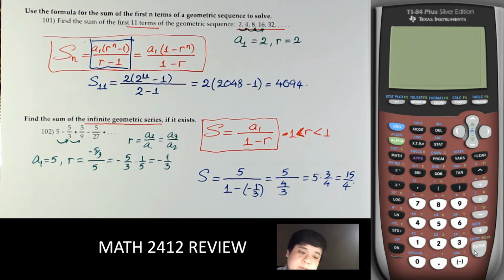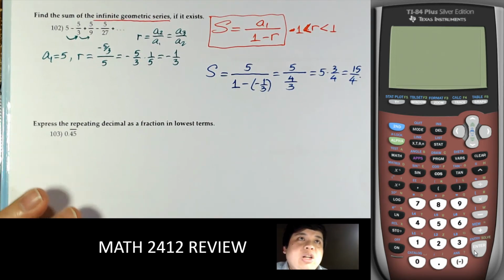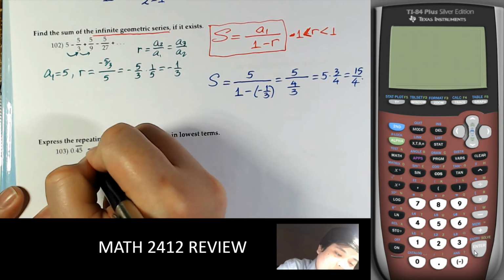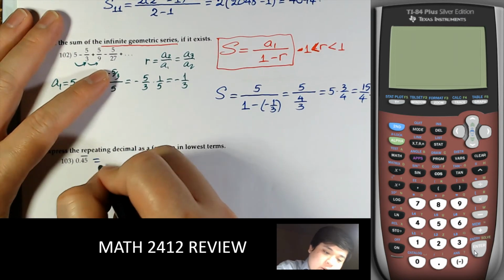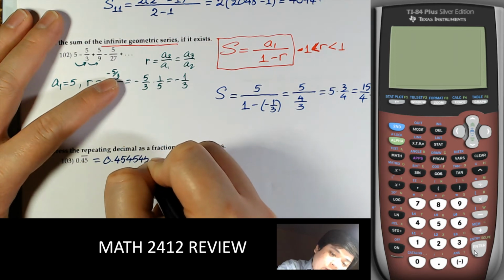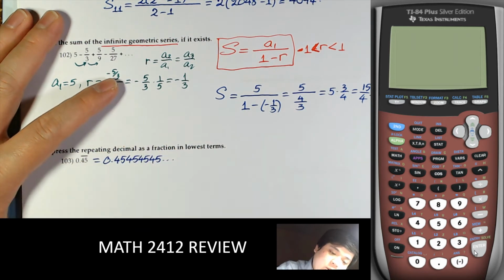Right. The next one is also a geometric series if we rewrite it like this: 0.45, 45, 45, 45, and so on.